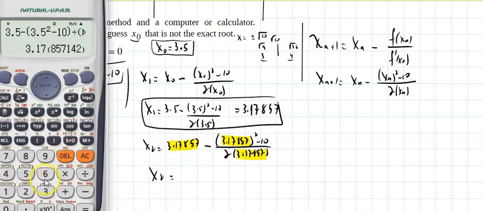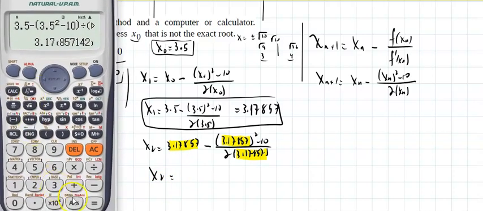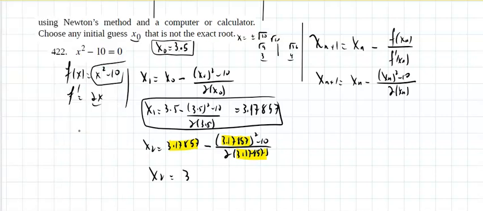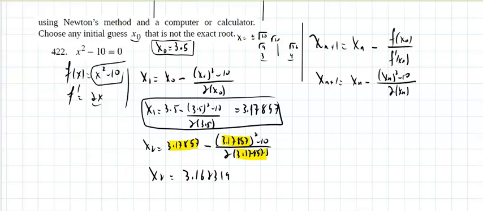If I go in and I say take my answer minus parentheses my answer squared minus 10 divided by 2 times my answer, I'll get the next number, 3.1623. So I got it accurate to 1 decimal.